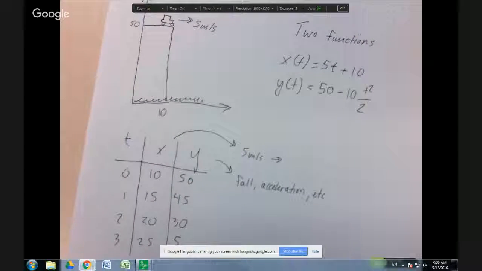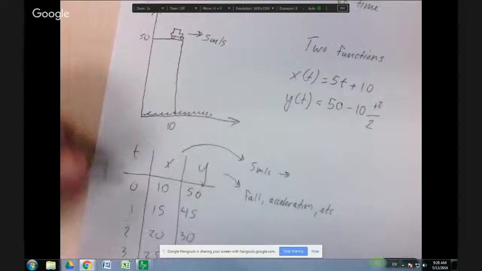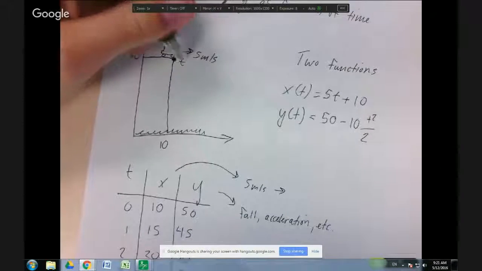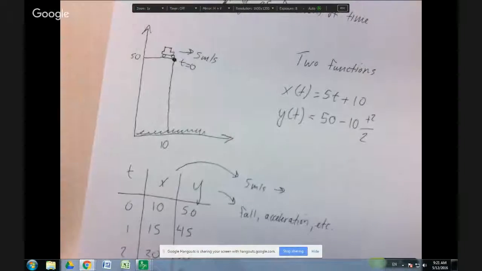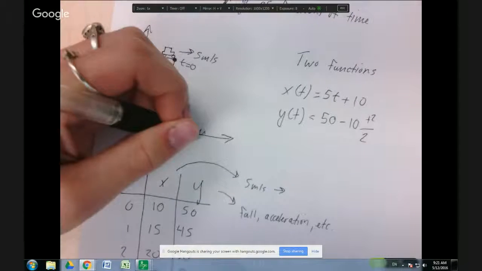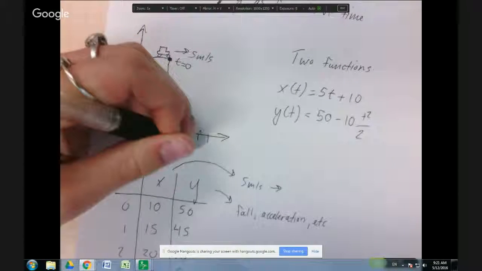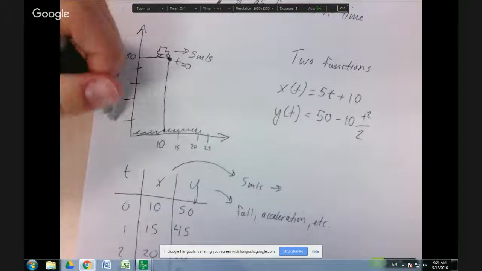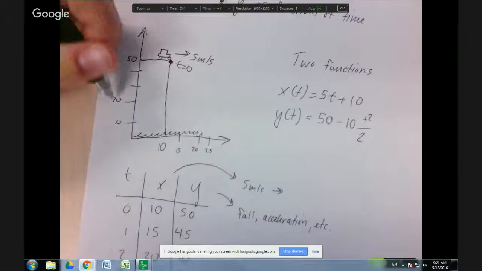So now what we want to do is plot these. So we have t equals 0, which is right here. Beautiful. And then we have t equals 1, which is at 15. Let's do that. 10, 15, 20, 25. And then we have 10, 20, 30, 40.